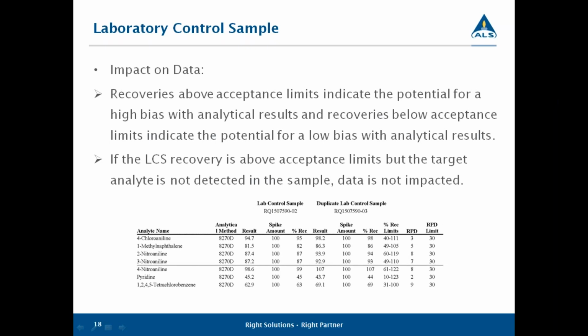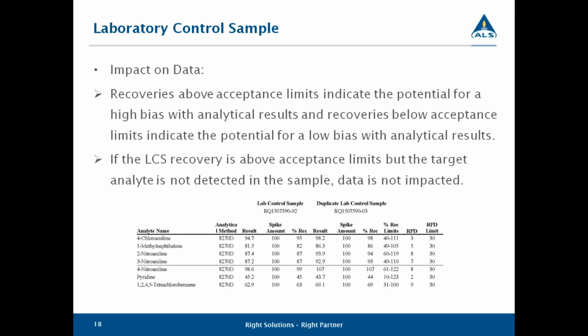If the LCS recovery is above acceptance limits, but the target analyte is not detected in the sample, the data is not impacted. However, on the other side, let's say for example that we have a low recovery of pyridine. It's out of range on the laboratory control sample, but the sample analysis shows a non-detect for pyridine.